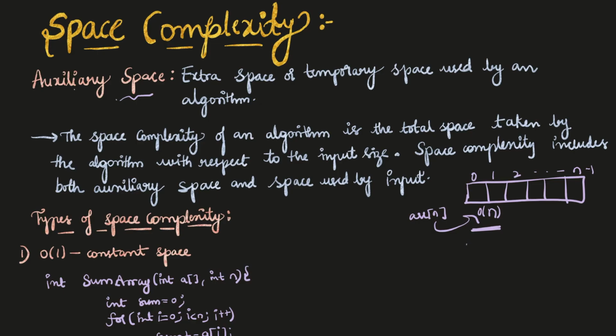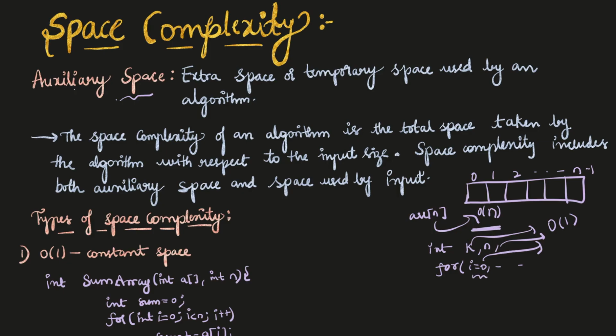When you talk about some constants like int k or int n, and suppose you are having some for loop with i equal to 0 and so on, for all these single variables the space complexity would be order of 1, because they are taking just unit space.